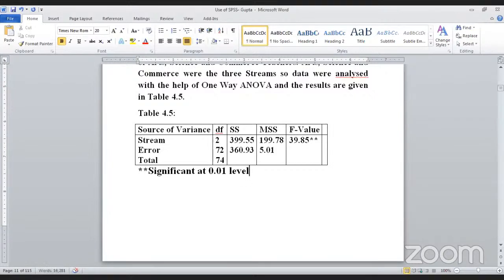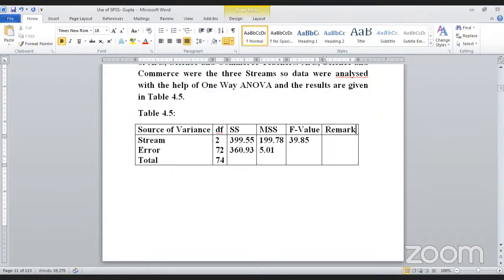If you do not want to write the double star, you remove it and write here a remark, and then you can say P is less than 0.01. But please remember P must be small.